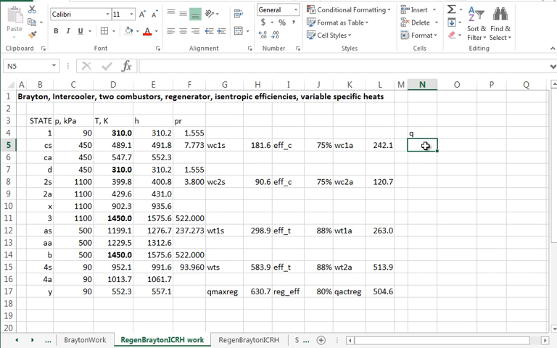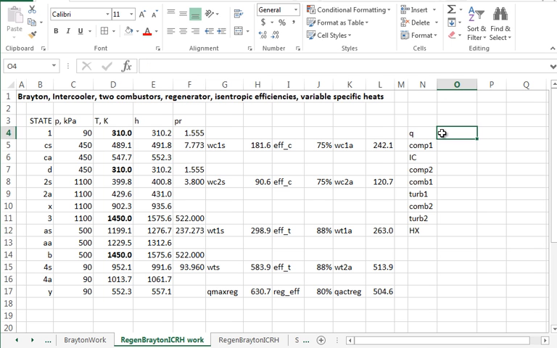Q's. So one of the Q's is I need it for the first compressor, compressor 1. I need it for, I'm going to put intercooler, compressor 2. I'm going to put it for the combustor 1, the turbine 1, the combustor 2, the turbine 2, and that imaginary heat exchanger to close the loop.